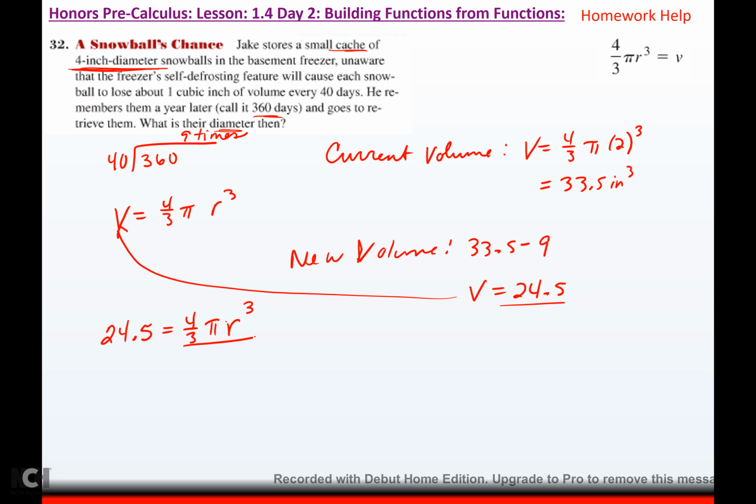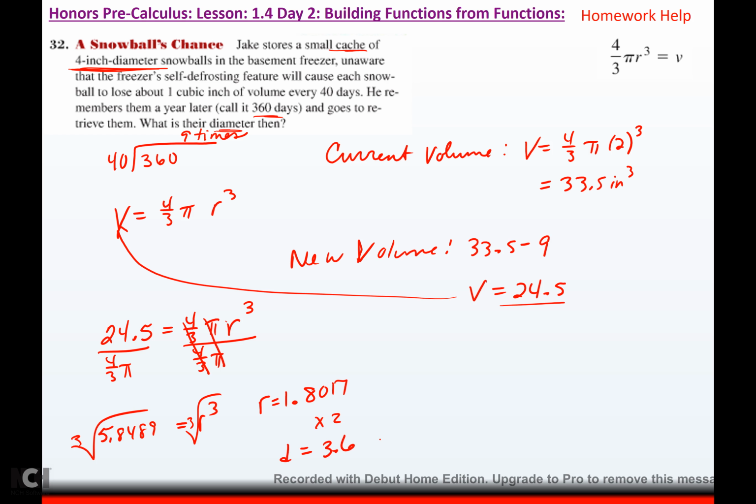So I divided by 4/3 pi, canceled that out, and I got r cubed equals, I typed that in a calculator and got 5.8489. Now to get r, I'm going to take the cube root of both sides, and I get r equals 1.8017. If that's my radius, then my diameter, double it, is approximately 3.6 inches. Okay?